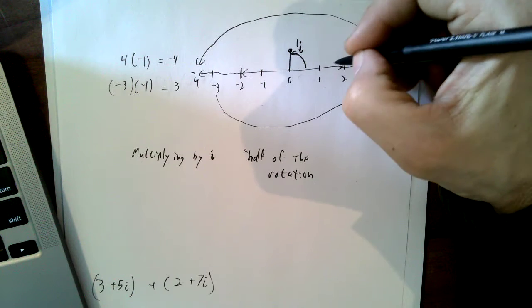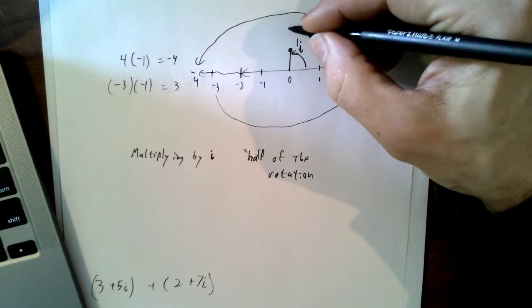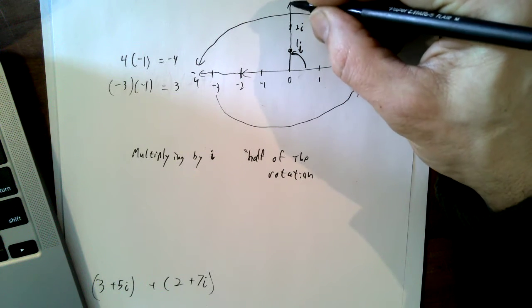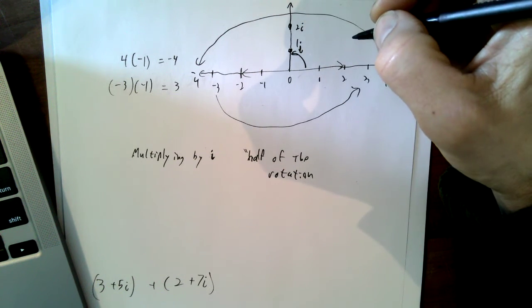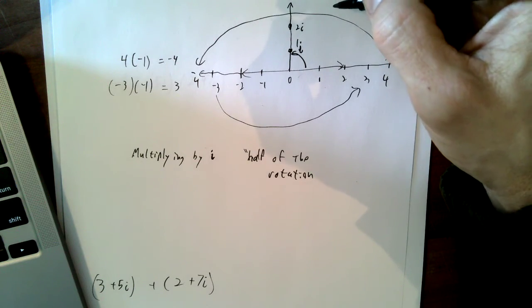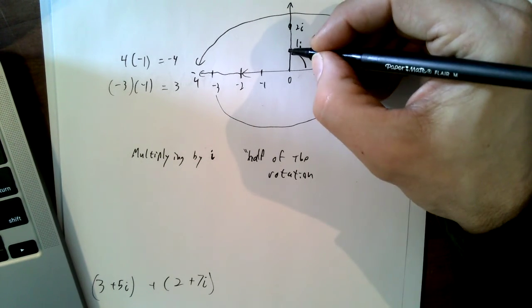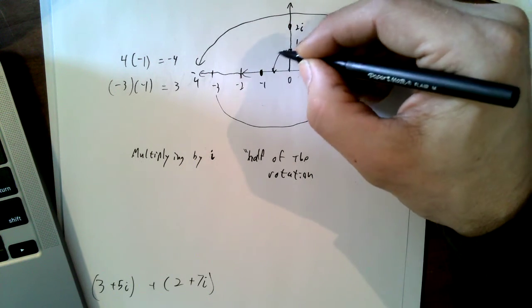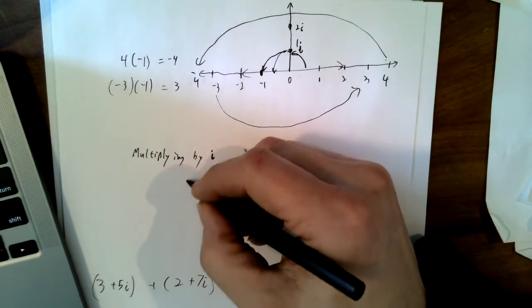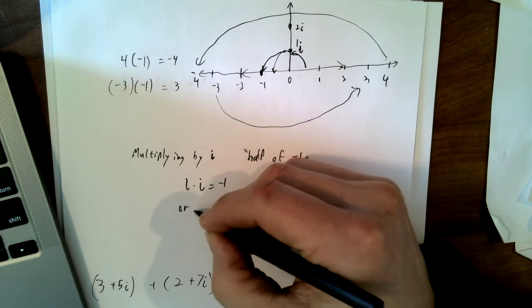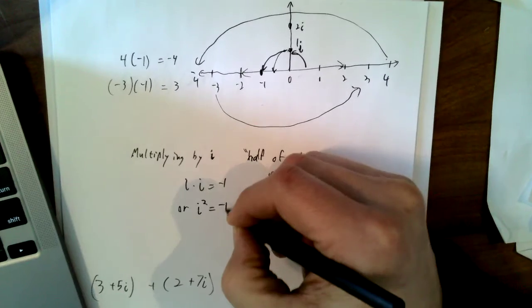Multiplying anything by i, like 2 times i, would rotate it halfway around, so out here would be 2i. And you get an axis of multiples of i going perpendicular to your number line. But the interesting thing is that i times i again brings you back onto the real number line at -1. So i times i is -1, or i squared equals -1.